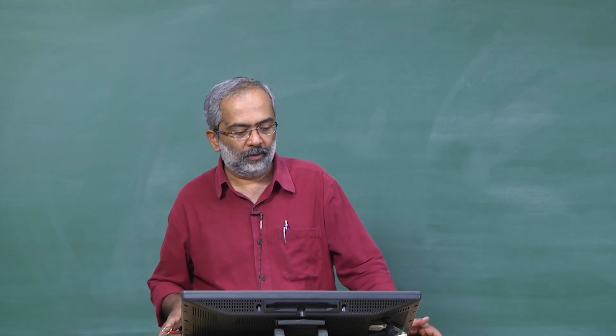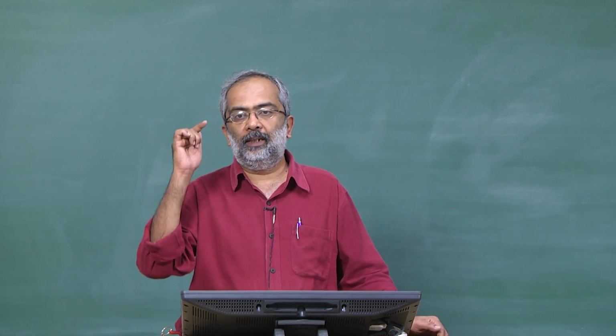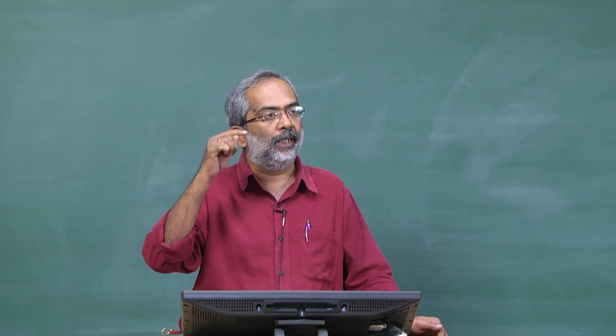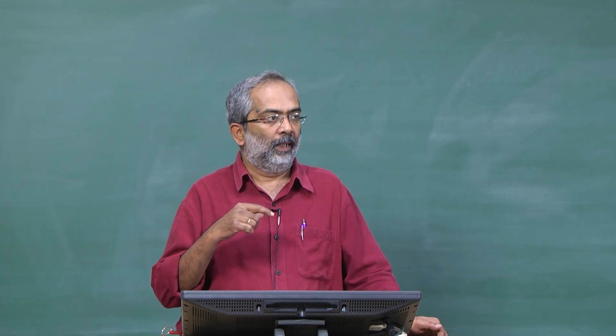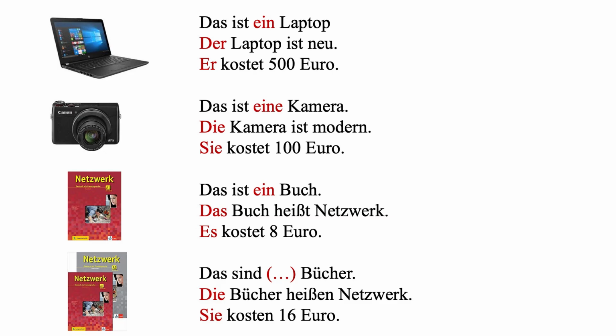In English it is all it. This is a laptop, the laptop is new, it costs 500 euro. This is a camera, it costs 100 euro, and this is a book, it costs 8 euros. All three will be it because all three are neuter.